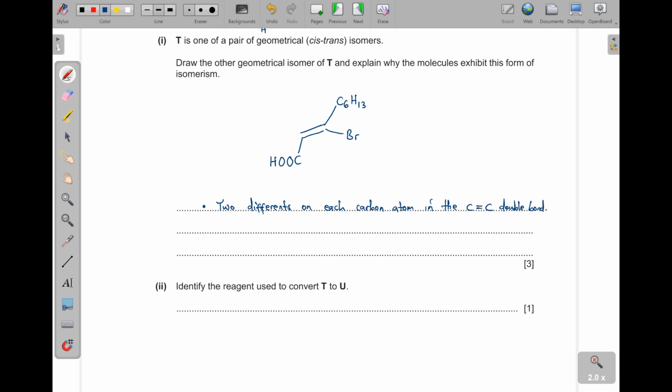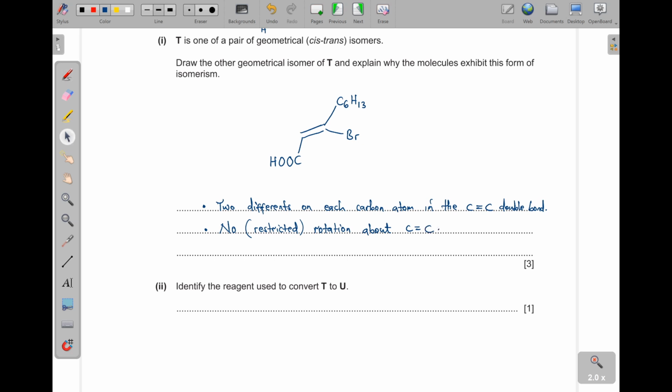Then the other one that is very important is no, or you can even say restricted rotation about the carbon to carbon double bond.